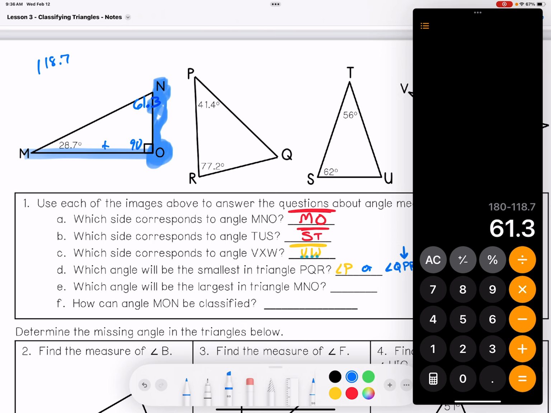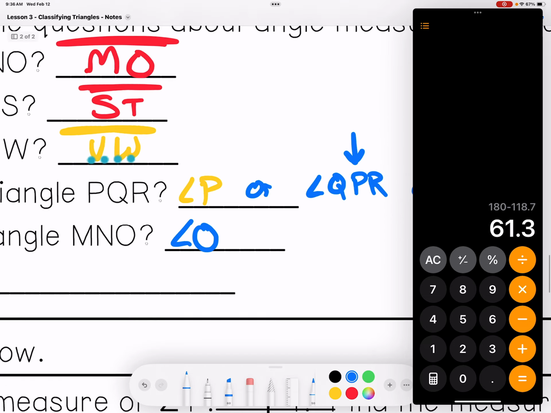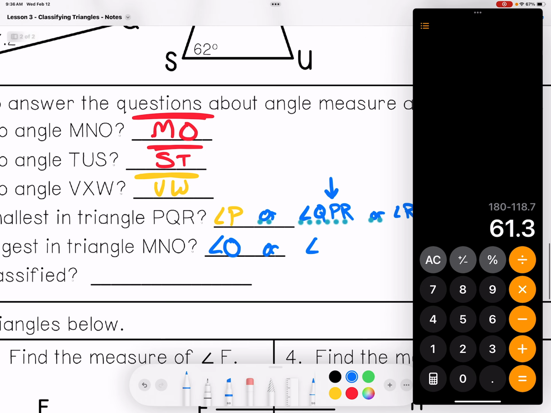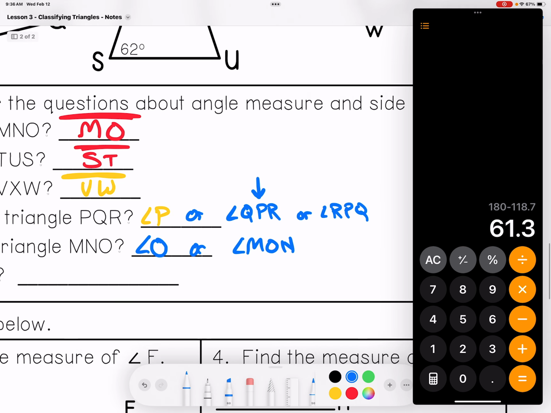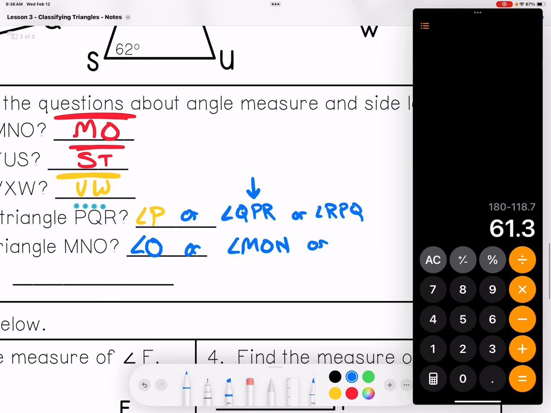It's O. So you could just put angle O, or you could put angle MON, or you could even put angle NOM.